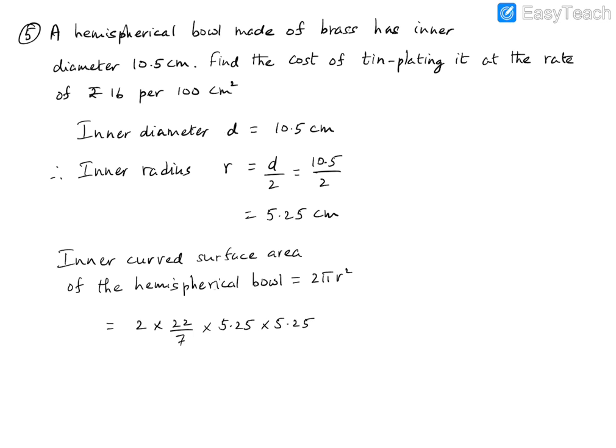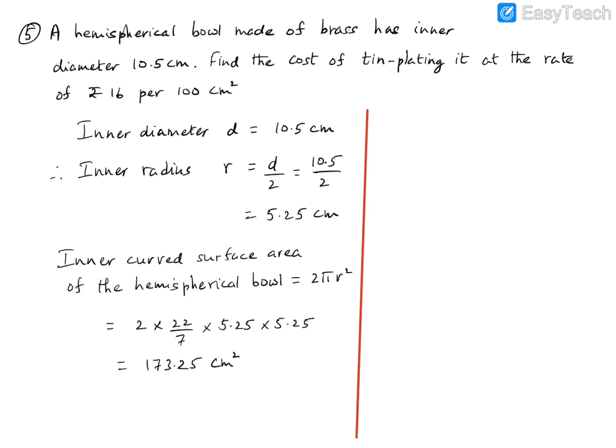So calculating this will give us the inner curved surface area of the hemispherical bowl. So we get the value of the inner curved surface area as 173.25 centimeters square.